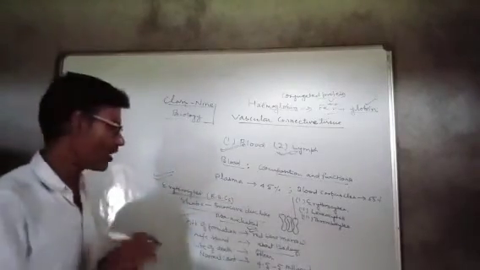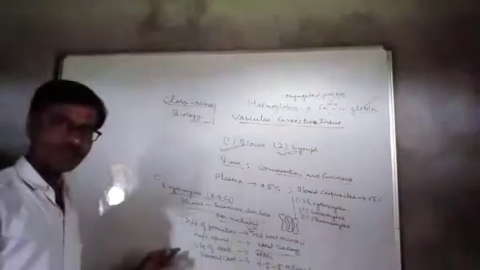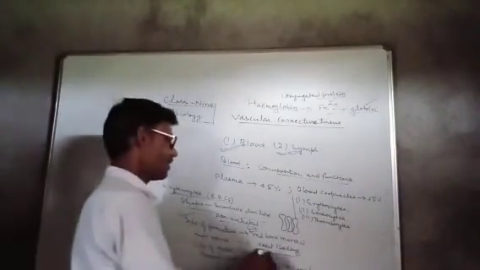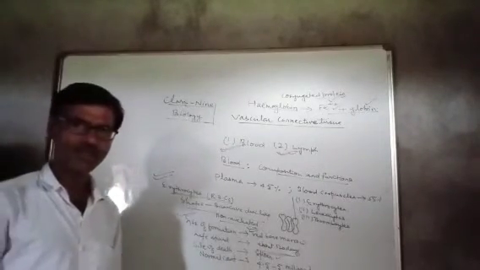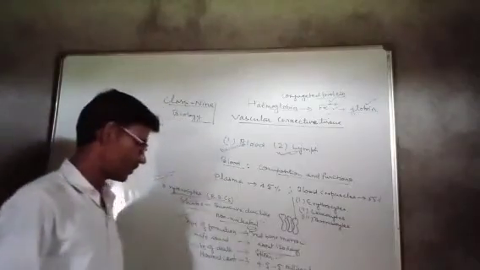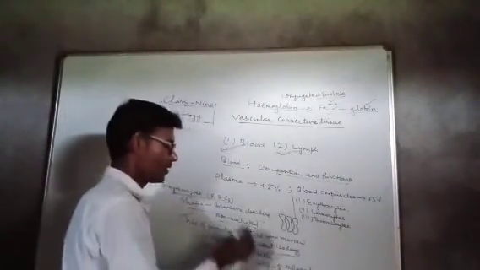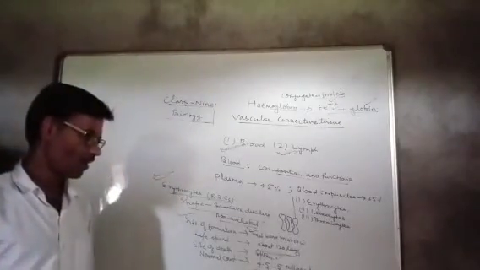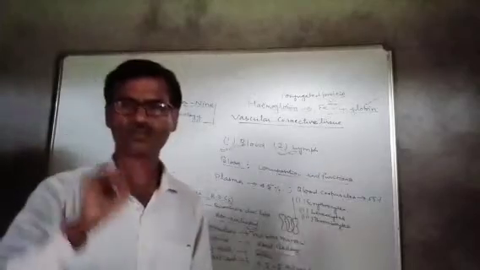RBCs survive for about 120 days, and they die in the spleen. Lifespan is about 120 days, and the site of death is the spleen. Normal count of erythrocytes: about 1 ml of blood contains 4.5 to 5 billion RBCs.